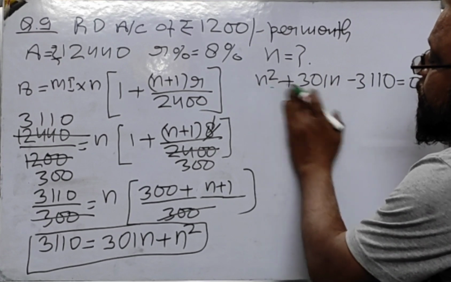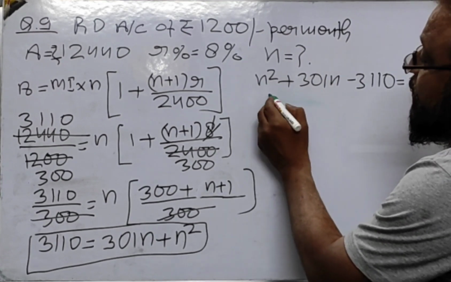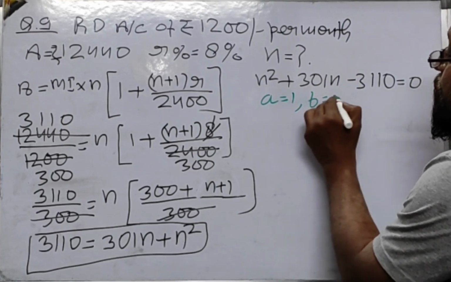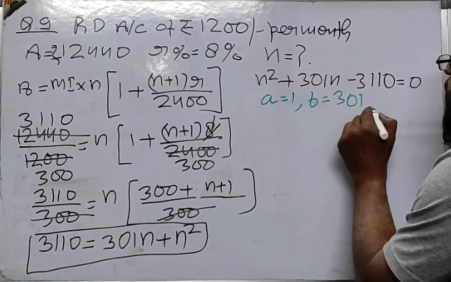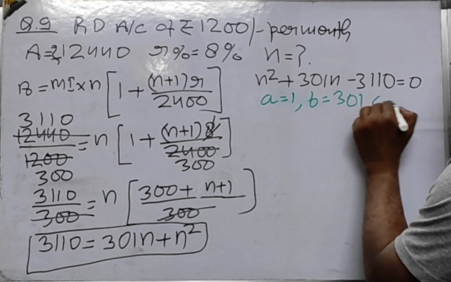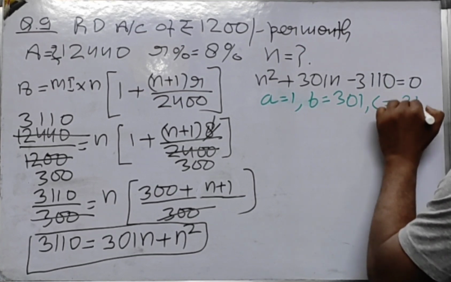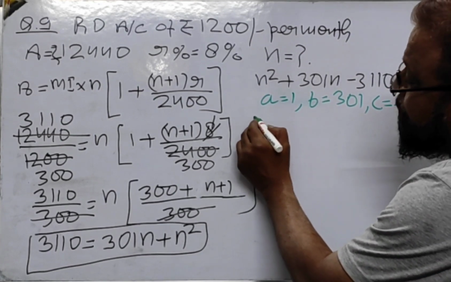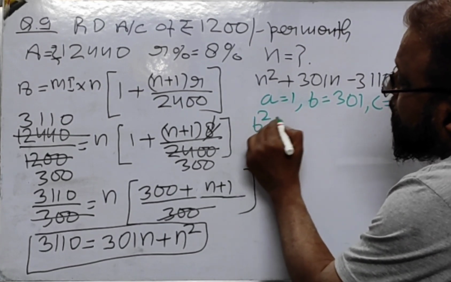First, a is equal to 1, b is equal to 301, and c is equal to minus 3110. Right? Now we have the discriminant b square minus 4ac.